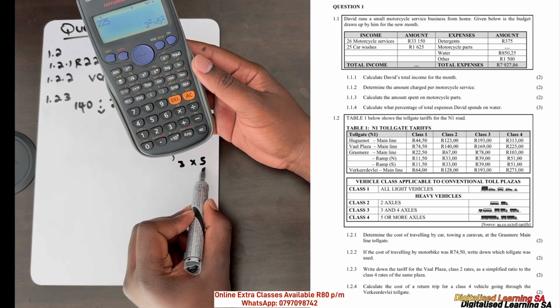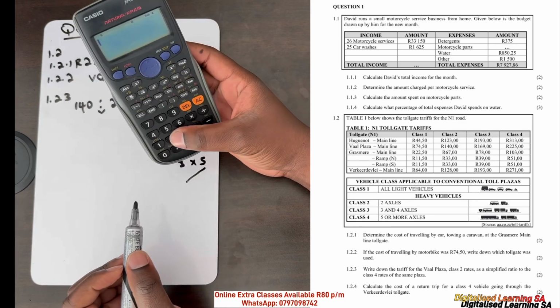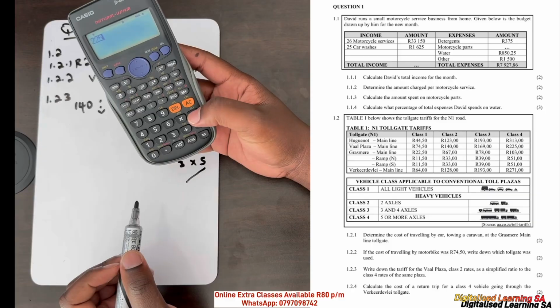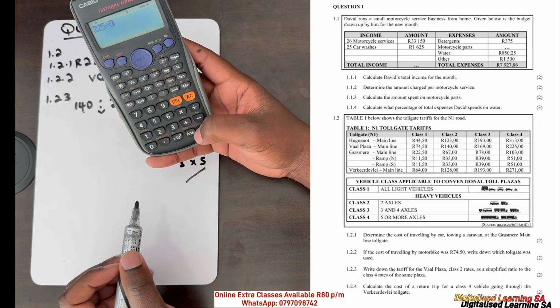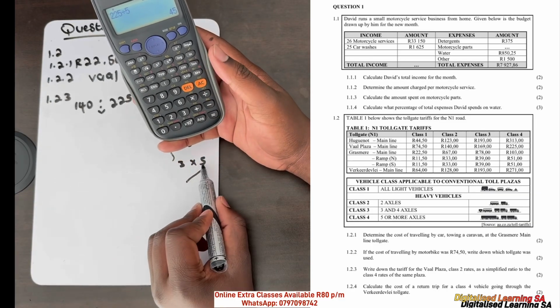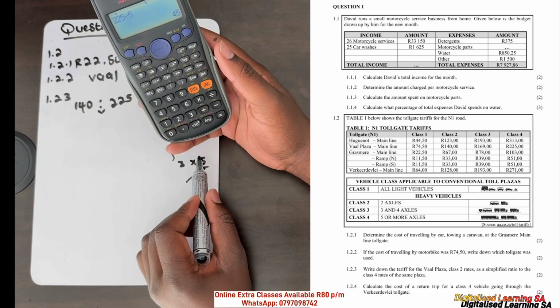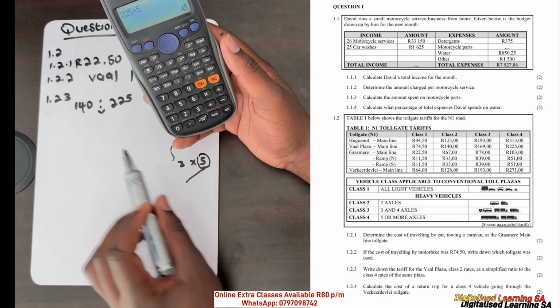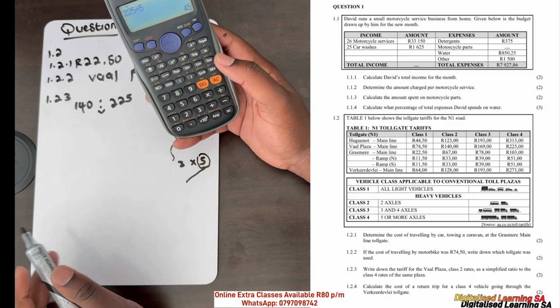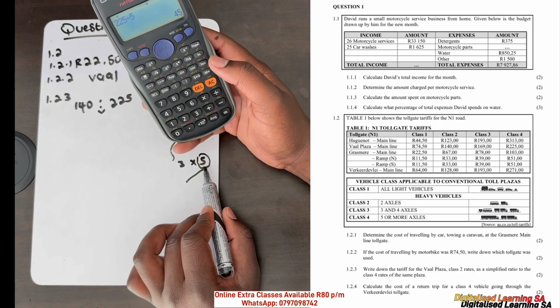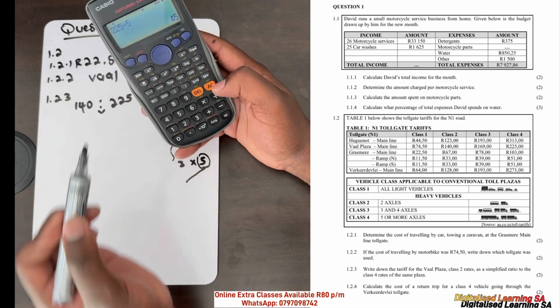So if we take the 5, if we say 225 divided by 5, we can see that 5 is also a factor of 225.